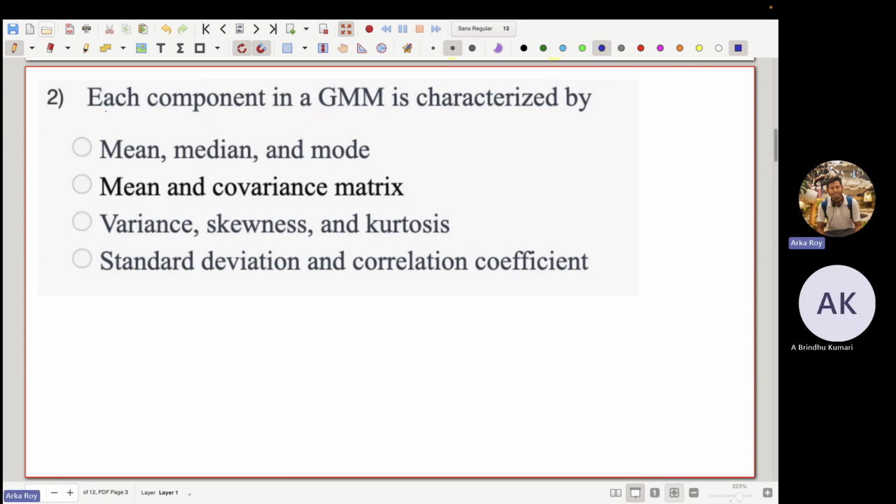Okay. So the next question states that each component in GMM is characterized by. So already we have written what GMM is.